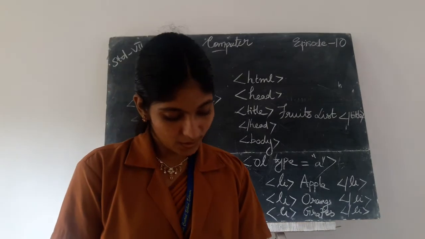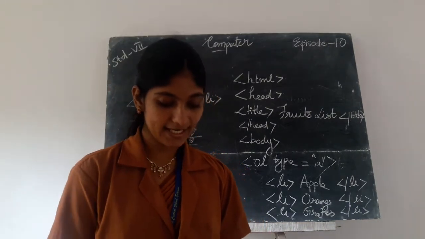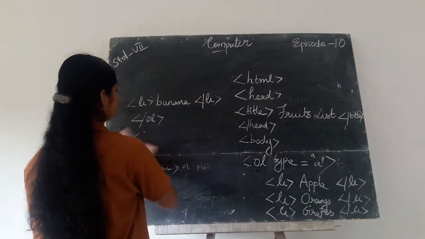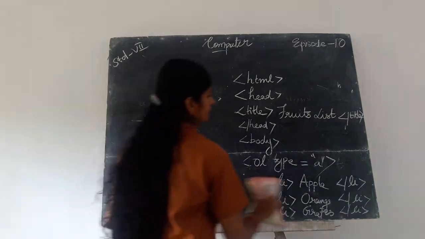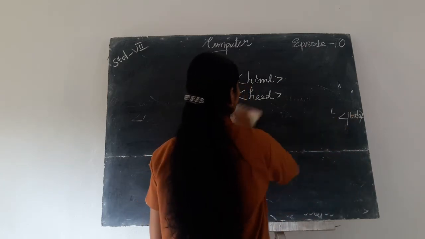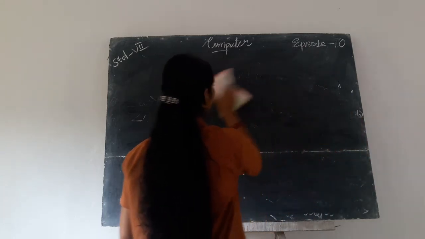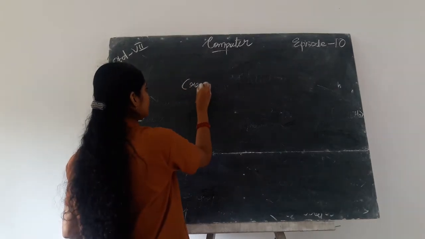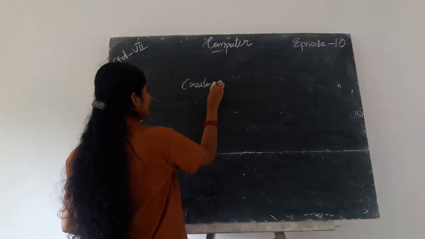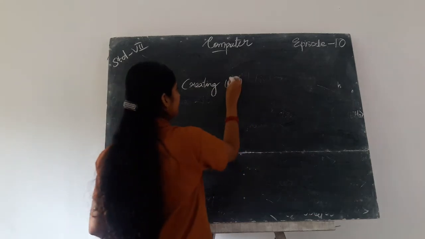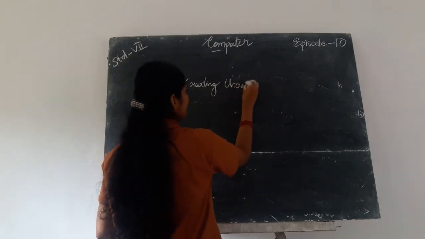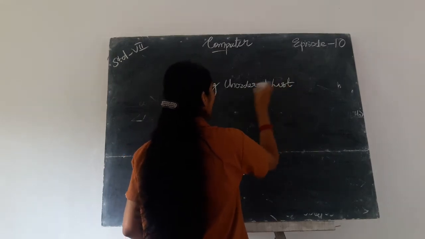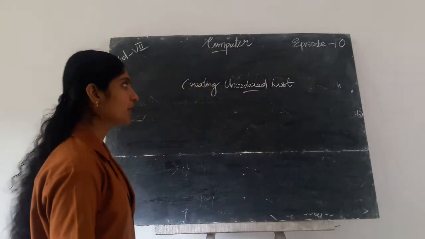Okay. So next is creating an unordered list. So how does it become an unordered list? Unordered list means there are no serial numbers by default.